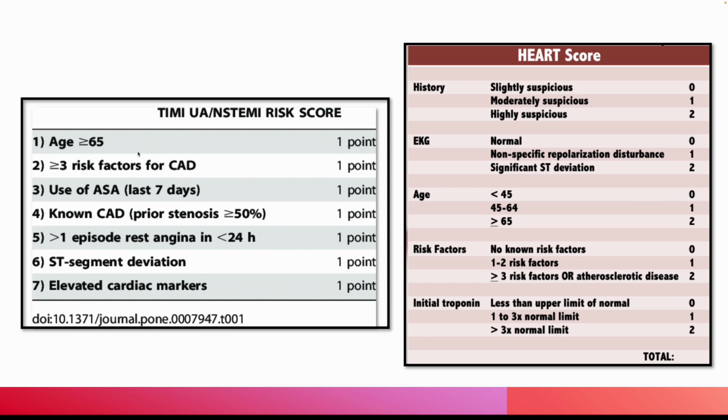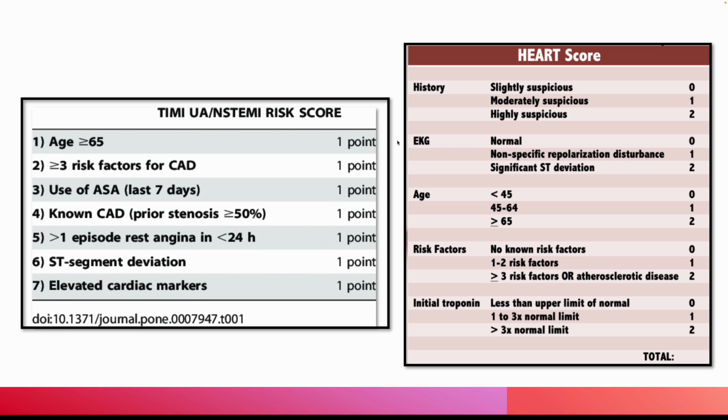Here you have an aspirin use in the last 7 days, which is not in the heart score, and also a blockage of more than 50%. You can also see that the TIMI score relies on a positive cardiac marker, while the heart score goes more specific into how much the troponin was elevated.